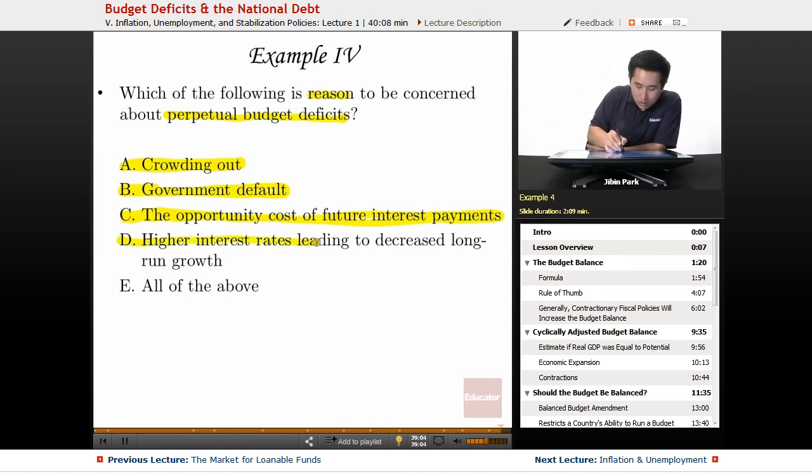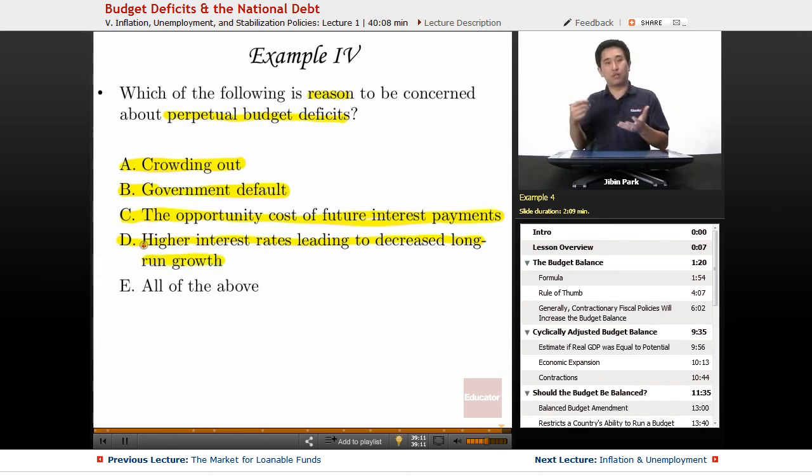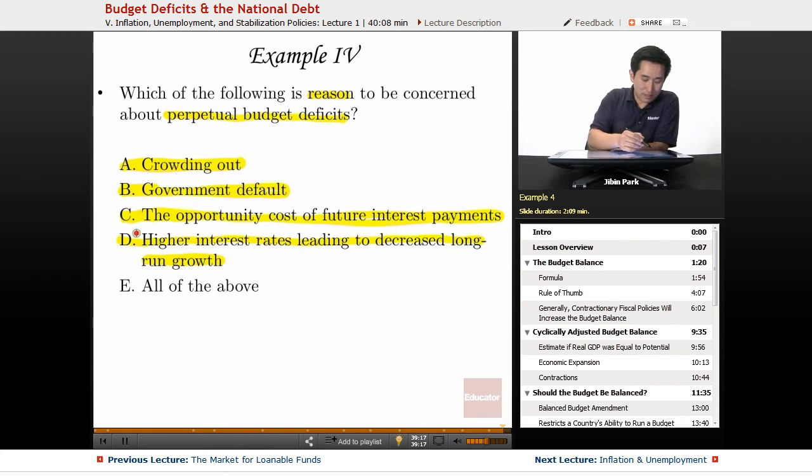Higher interest rates leading to decreased long-run growth. Absolutely. If we have higher and higher interest rates, it becomes more difficult for the private sector to basically thrive. So basically, A, B, C, and D are all correct. So the correct answer, because they are all correct, is E, all of the above.